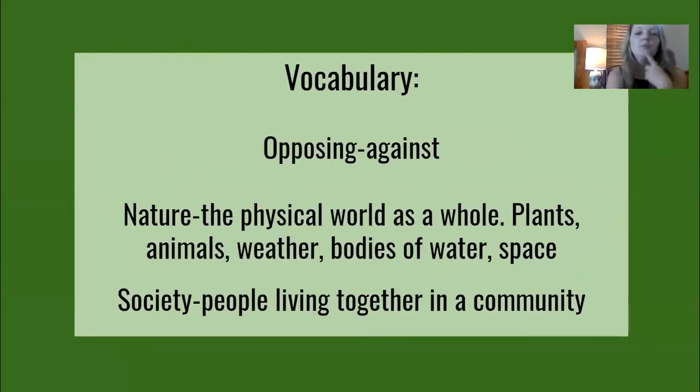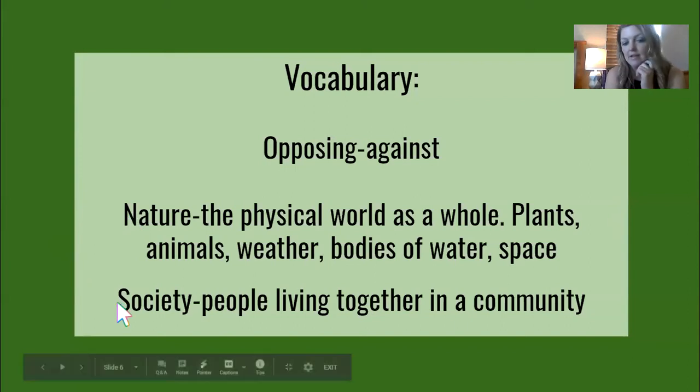And we'll go over a couple vocabulary words just so we remember what they mean. So opposing means against. So it means it's fighting against each other. And I think we talked about this in the last video too. When we talk about nature, we're talking about the physical world as a whole. We're talking about plants, animals, weather, bodies of water, space, all things nature.